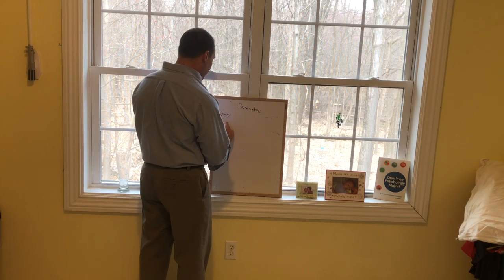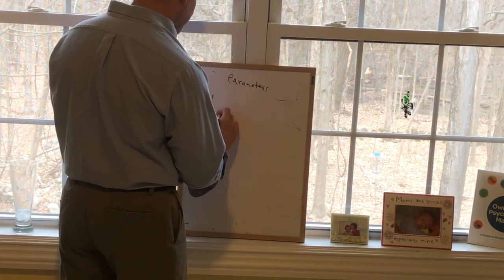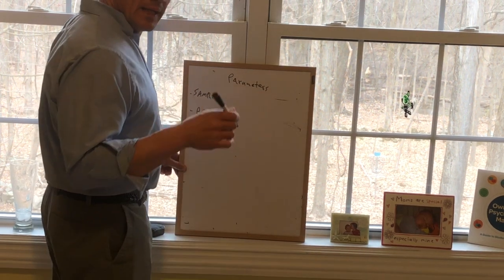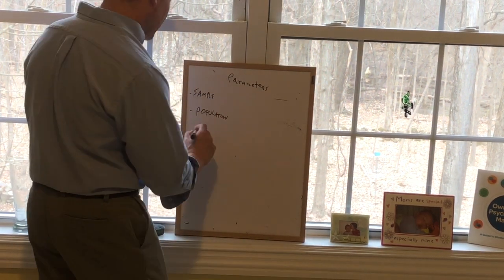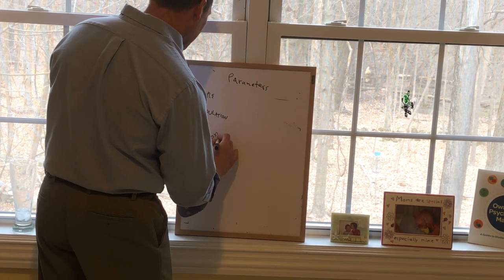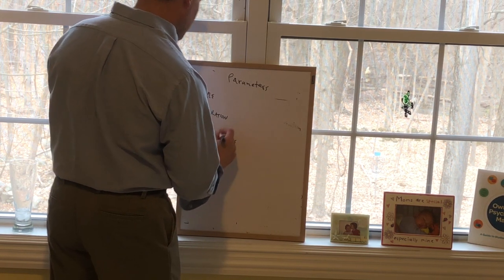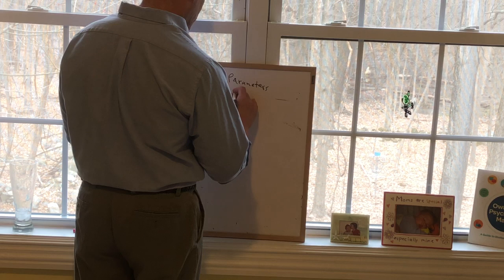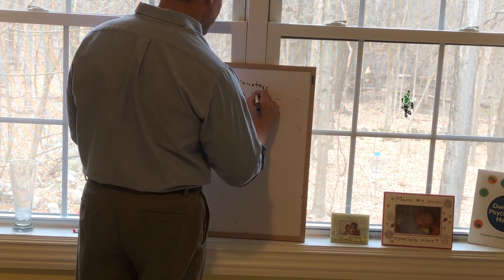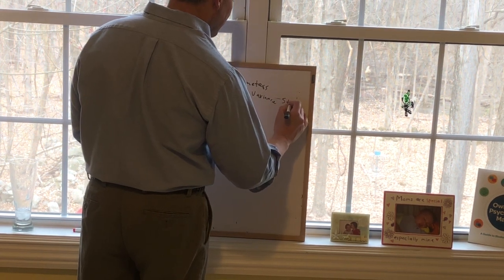We might have a distribution that represents a population, like we did in Chapter 7. Or we may now have parameters that represent a distribution of means. So we can have, like we had before, we can talk about the mean, we can talk about the variance, and we can talk about the standard deviation.